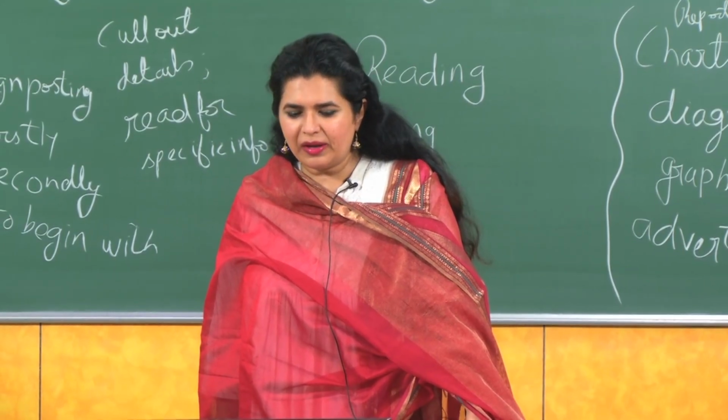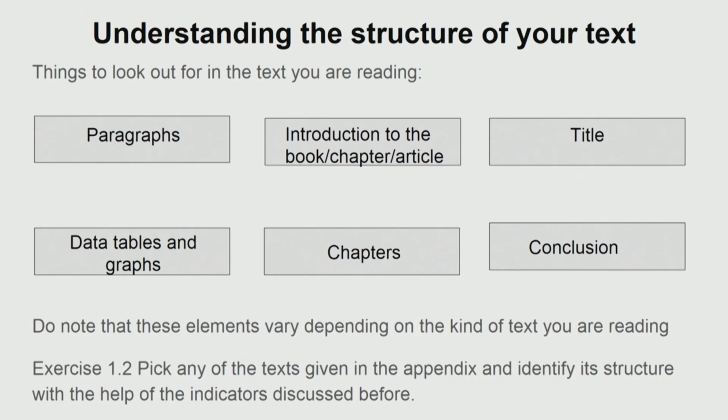This is just a warm up, or pick up any of the texts, not in the appendix here, but in your textbook or anything that you are reading, and try to identify these elements. Where is the title? Where is the introduction? How are the paragraphs? How are the chapters, if any? How is the conclusion done? This is your warm up exercise.